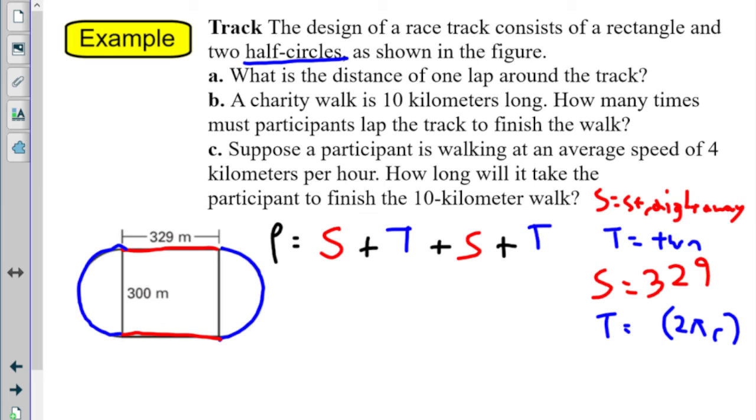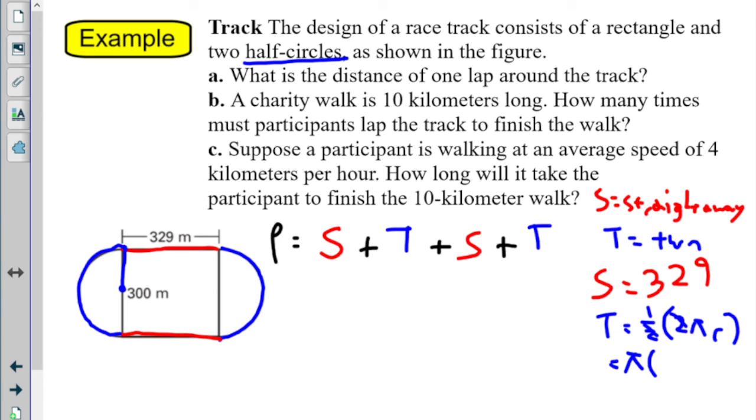That's our formula for circumference in a circle. Circumference is 2 pi r, but it's only a half circle. Those turns are only a half circle, so we're going to take that circumference and cut it in half. So that means the half cancels with the 2, and that's just going to be pi times the radius. So what is my radius? It's not the 300, because it's the distance from the center out to a point on my half circle.